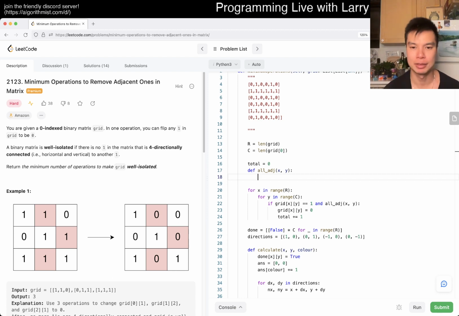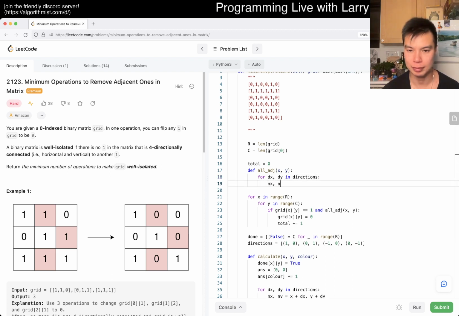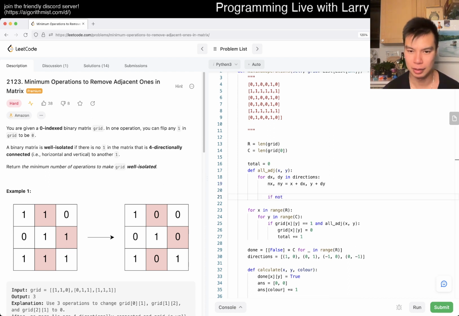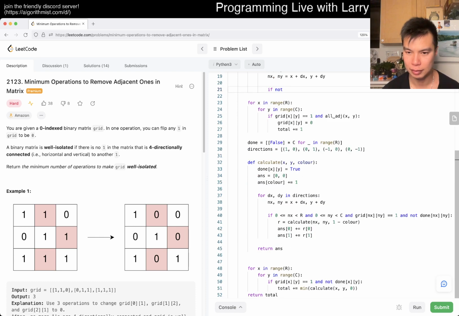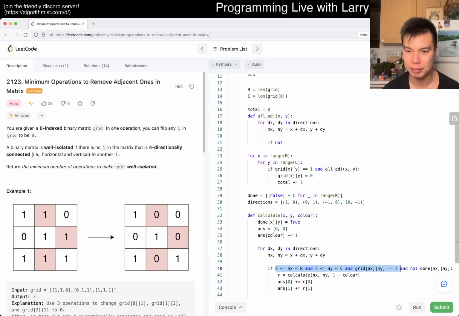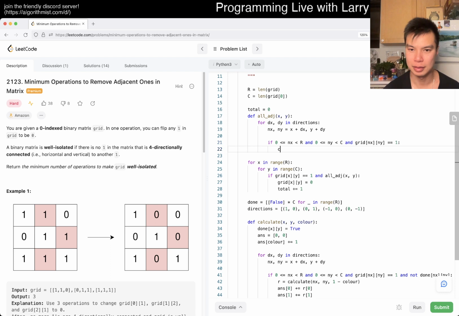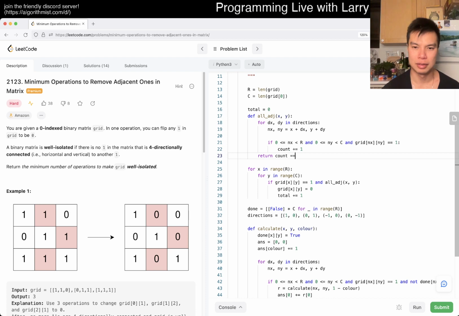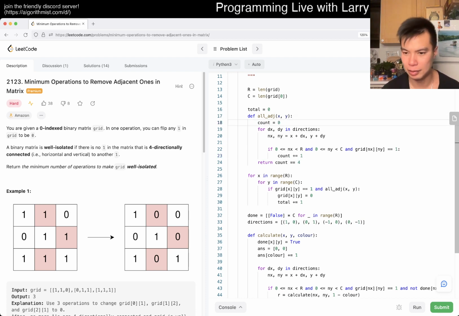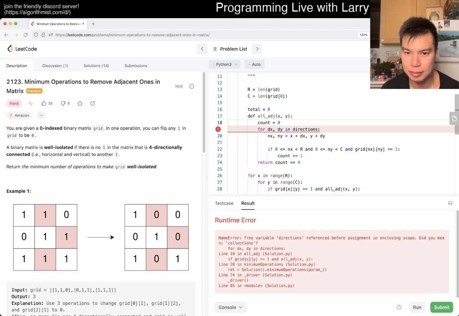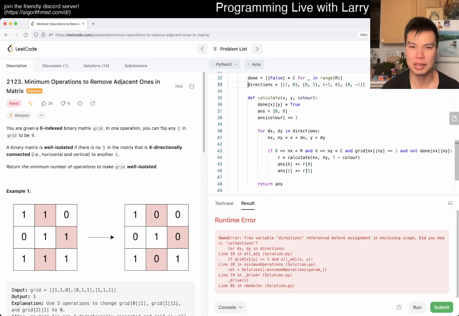But okay, so for dx, dy in directions, basically this thing. Right, maybe that's a little bit cleaner.